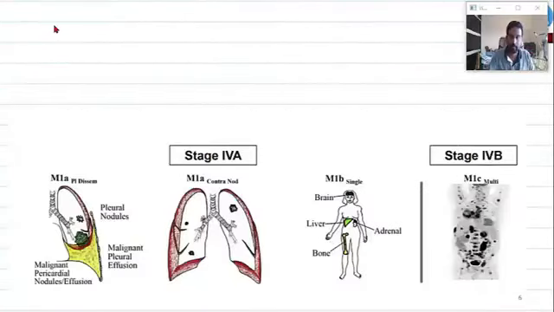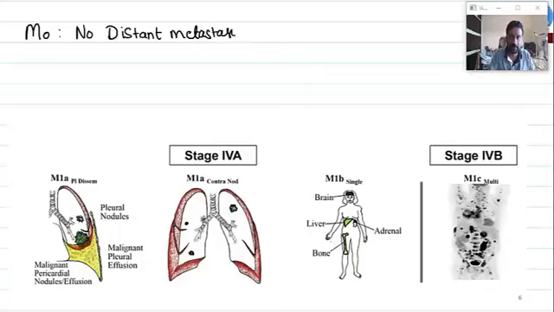Then coming to M, which stands for metastasis. M0 means no distant metastasis. M1 means presence of metastasis.